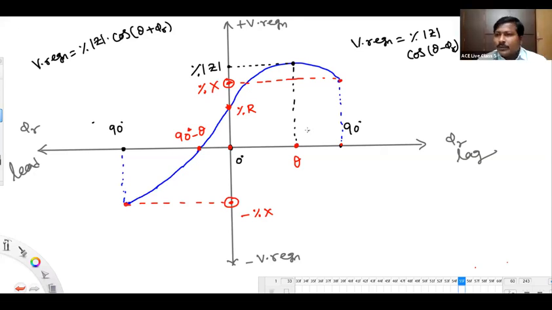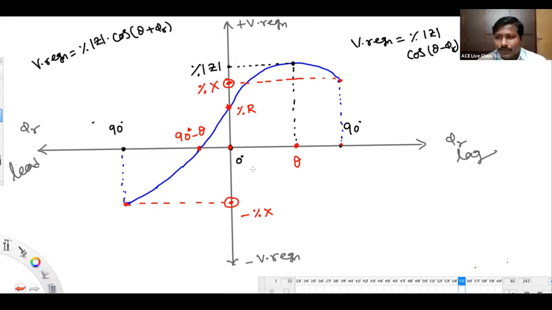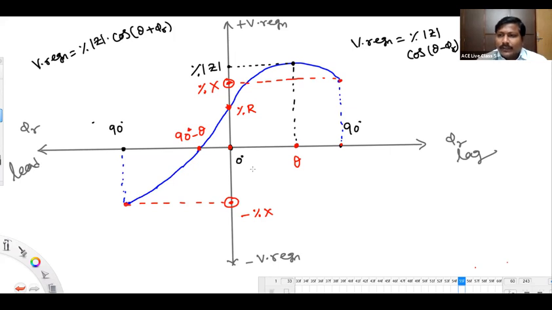The consumer will create their own. For example, in apartments, as a distribution company, they will give only 3 wires as input. Okay, sir. The neutral wire is taken from ground. Okay.